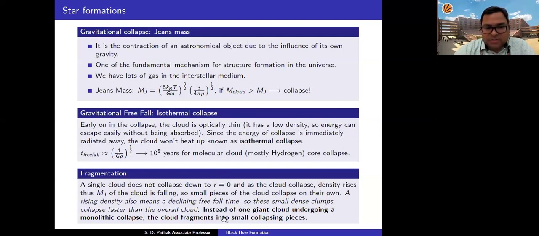So this is called fragmentation, right? One giant cloud, instead of undergoing monolithic collapse, fragments into pieces. This is called fragmentation. It is very important.